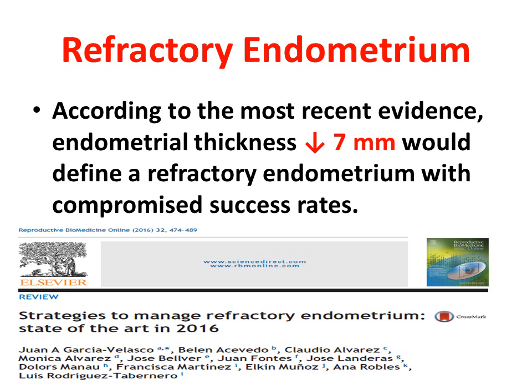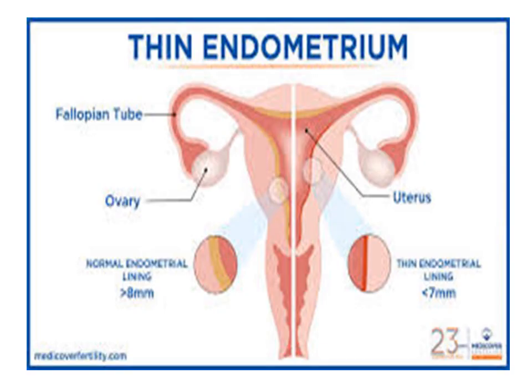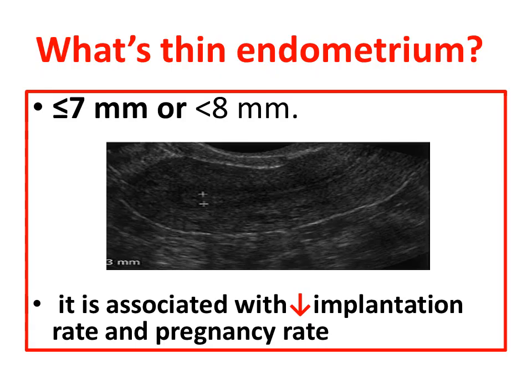We read the term refractory endometrium, which means an endometrium less than 7 millimeters pre-ovulatory. The definition of thin endometrium varies between publications, but most of them use 7 millimeters as a parameter. If it is less than or equal to 7 millimeters, it's a thin endometrium. Some authors use less than 8 millimeters.